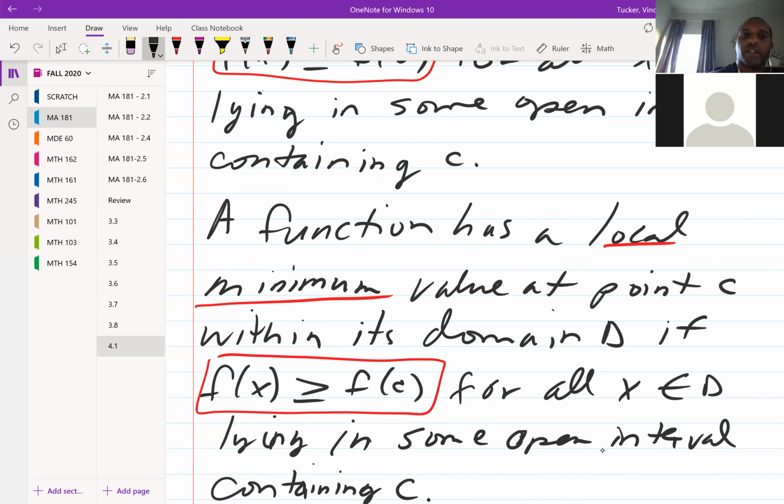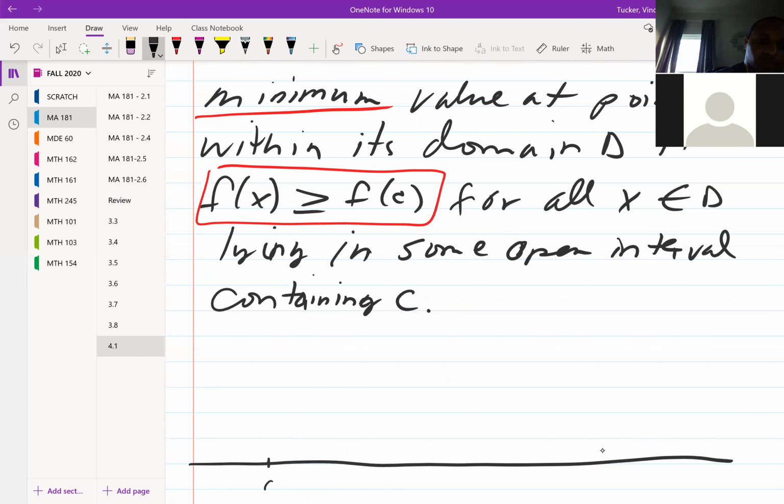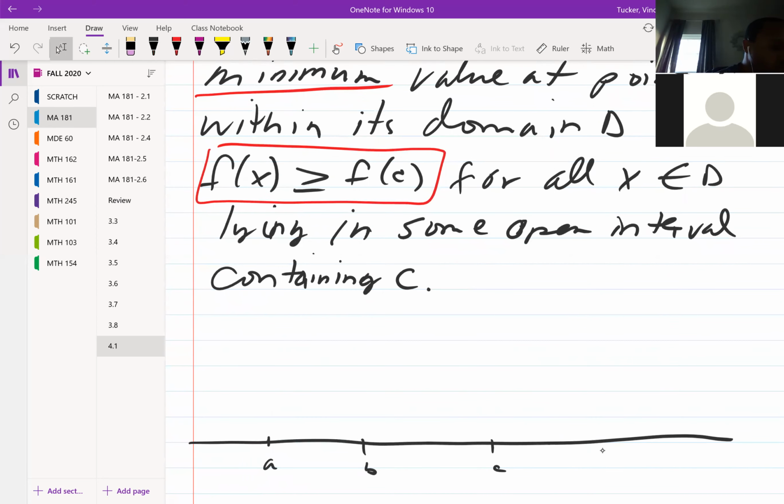All right, let me see if I can draw this out real good. All right, I'll do it the way you do it.